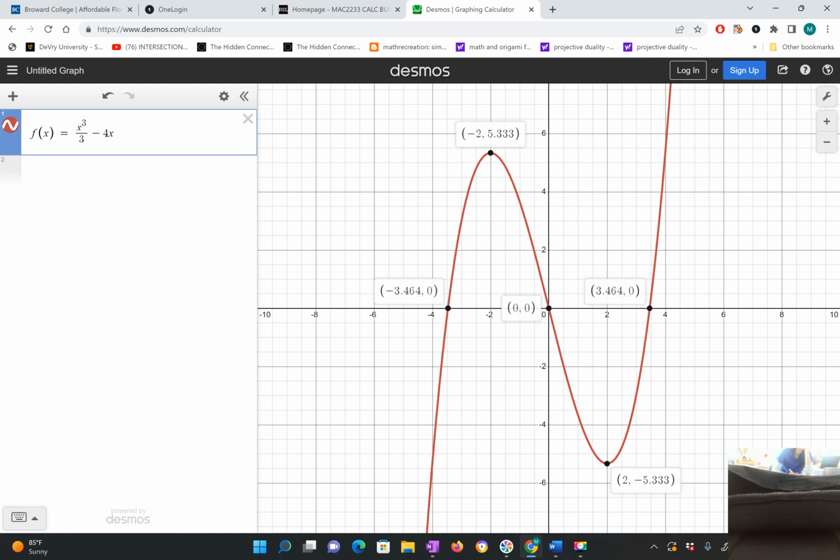If you plug in negative 2 as an example, you end up with 16 over 3, which is 5 and 1/3, which is 5.3 repeating. And so that's our local maxima. Our local minima is basically the same thing, except it's positive 2, negative 5.3 repeating, which is also 16 over 3.